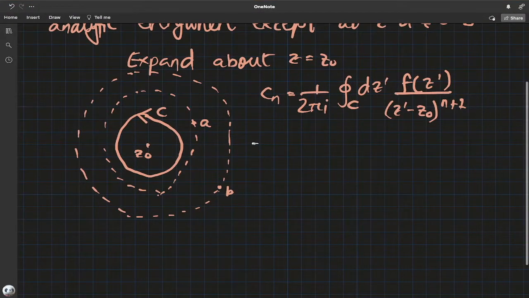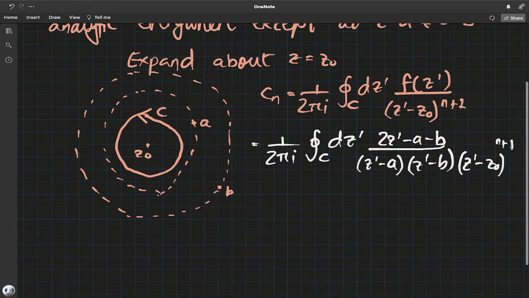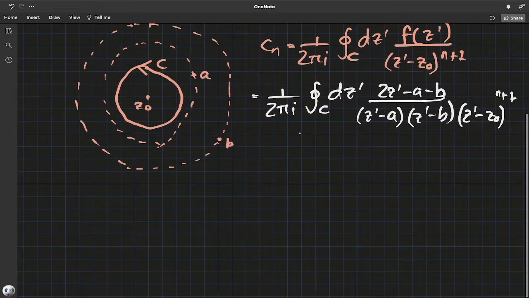So if I plug everything in, I have 1 over 2 pi i, contour integral about C, now that we have defined C, dz prime (2z prime minus a minus b) divided by (z prime minus a)(z prime minus b)(z prime minus z naught) to the n plus first power. Okay, we can break it up into two different cases.